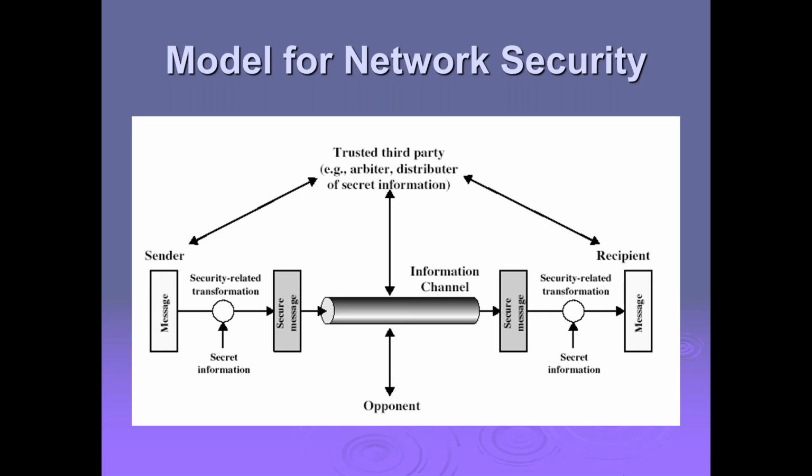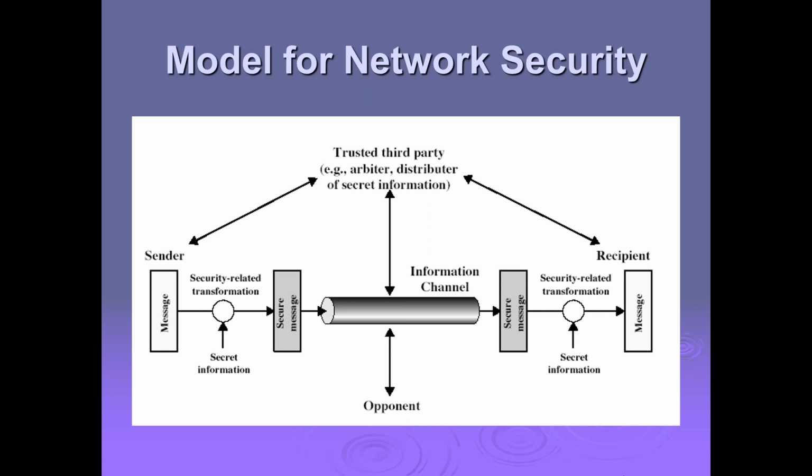It can be image, audio or video. It can be anything. Now they will be adding some secret information with that message. Then whenever they add the secret information with that message, it will become a secure message, in the sense that this message is protected.